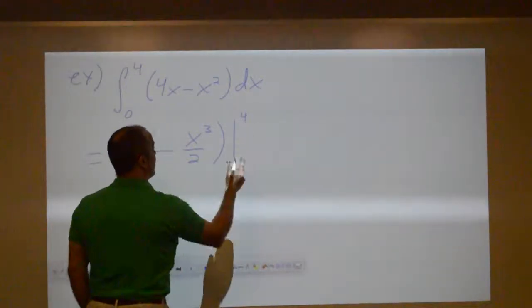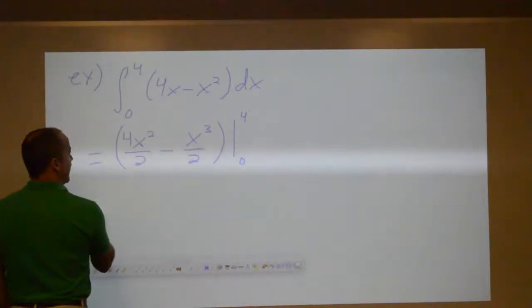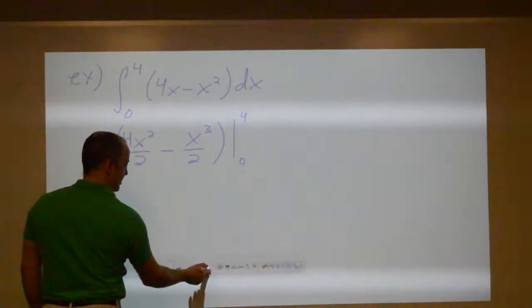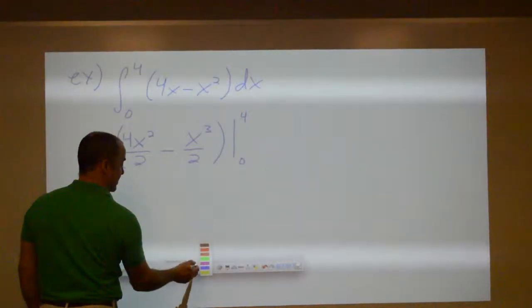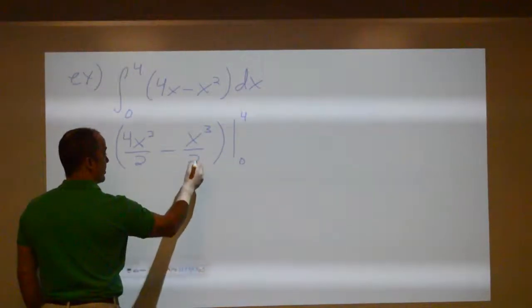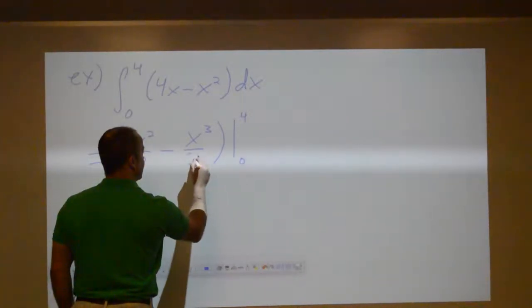Then we put the endpoints of our interval there. And so we are going to get x cubed over 3. You said it correctly, and I wrote it incorrectly, so I was thinking ahead to a different step, which is a bad habit of mine.